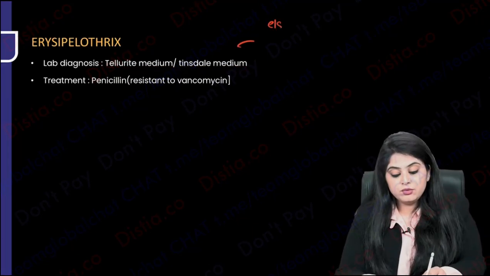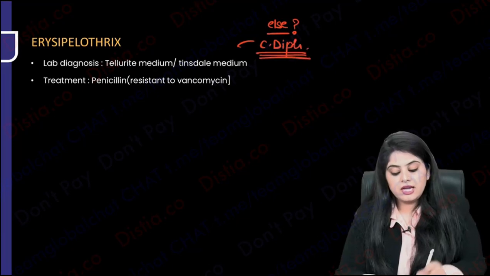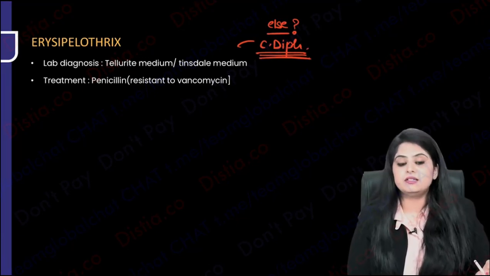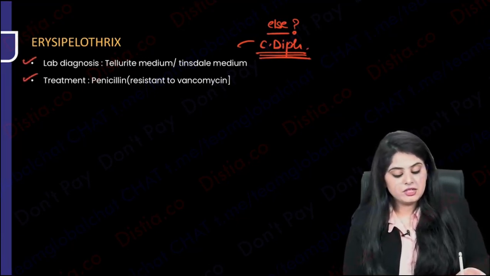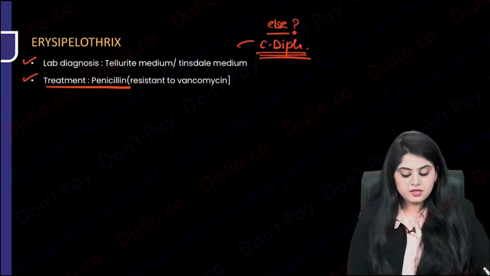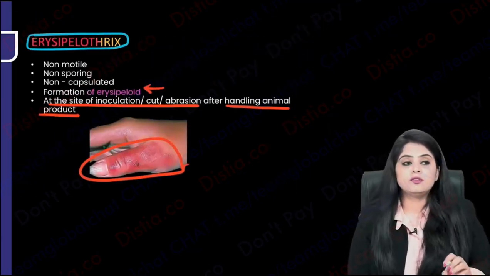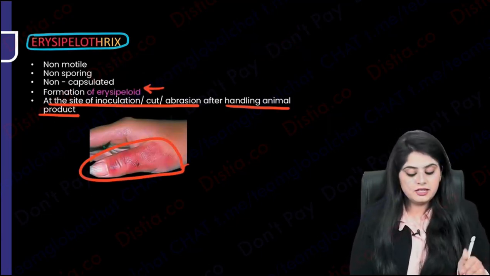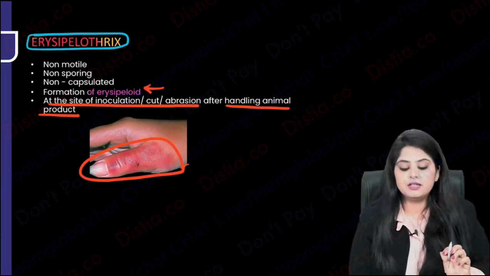Where else have you used the Tinsdale and the tellurite medium? That is by Corynebacterium diphtheriae, if you remember. So in diphtheria there was tellurite and Tinsdale medium, and you have the treatment with penicillin. So remember, especially the story of someone working as a fisherwoman or someone working with animals, and this reddish Erysipelothrix region.